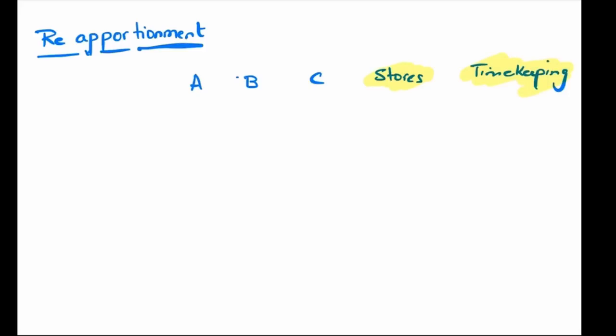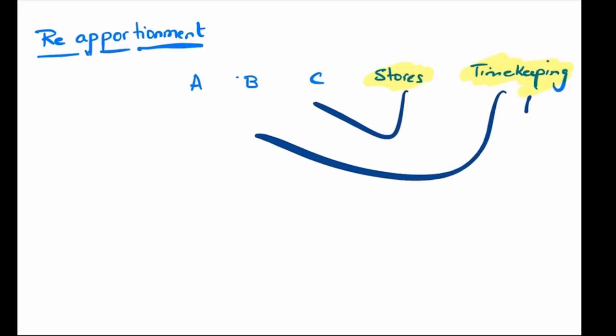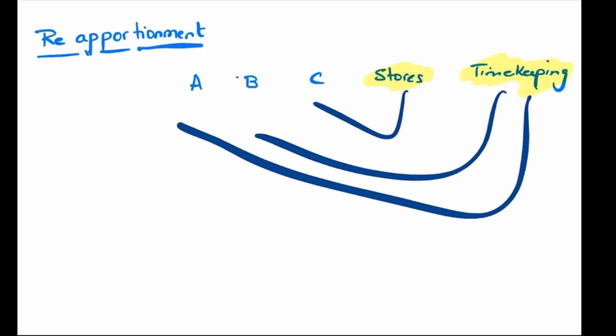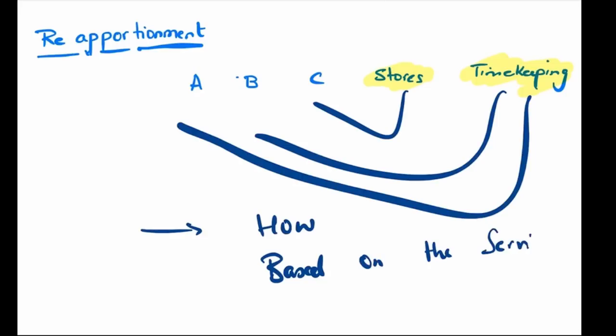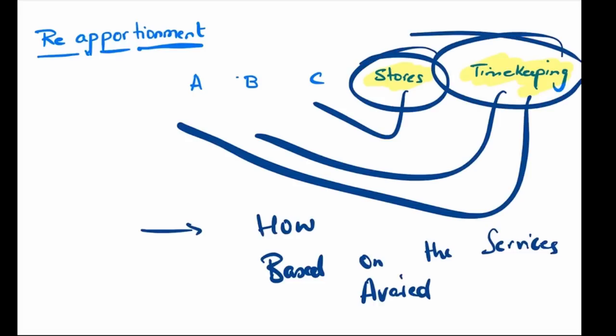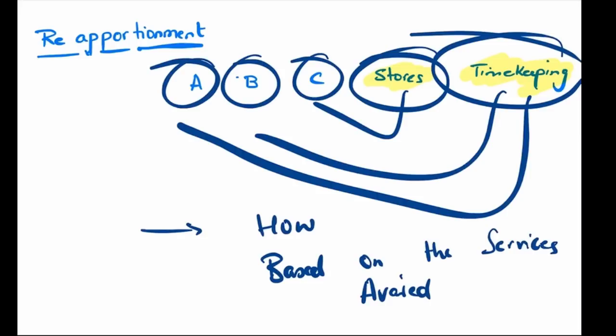How are we going to be doing it? We will be doing it based on the services availed. Based on the services availed, we shall divide the total costs incurred by the stores and timekeeping, which are my service departments, back to the production departments A, B and C.